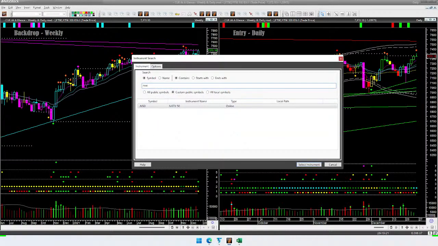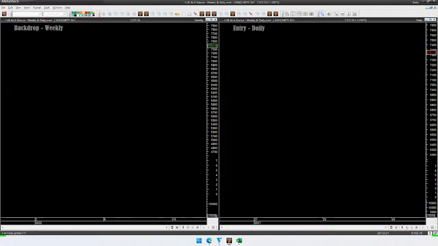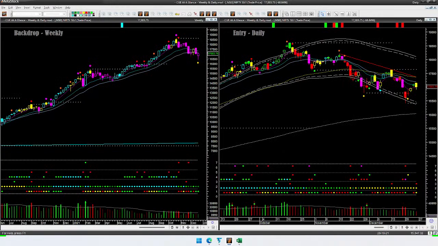Lastly, for global market study, Nifty 50 of India. What is the trend? Downtrend. How do we know? Lower high, lower low. We have trend line resistance, no trend line support.